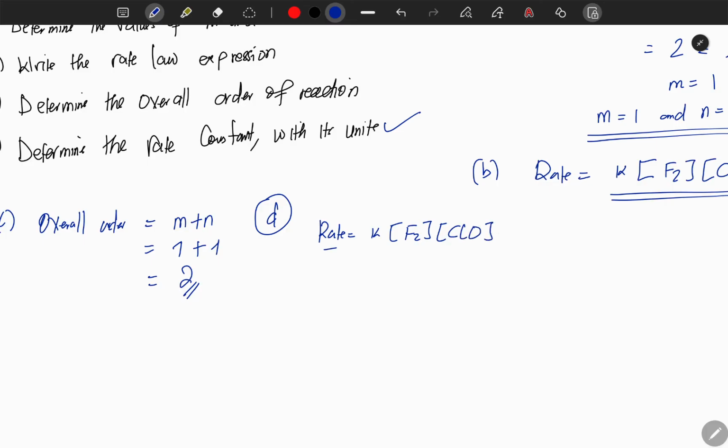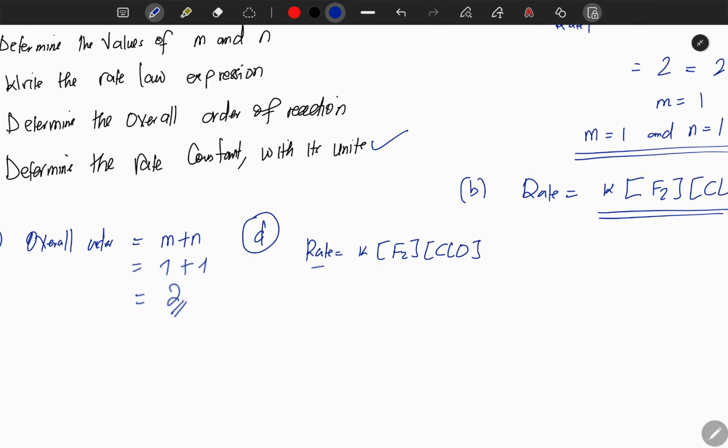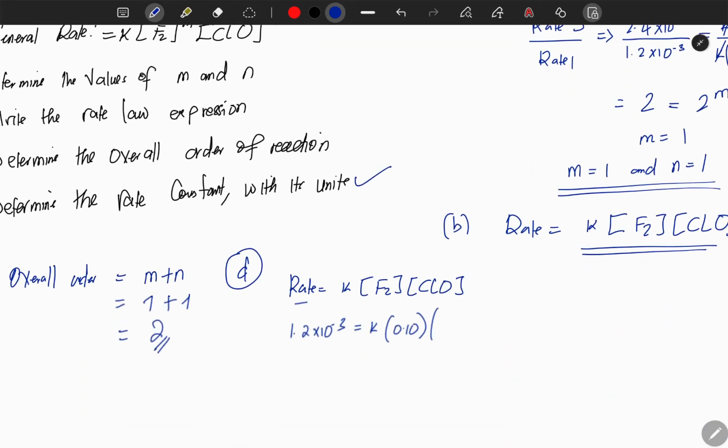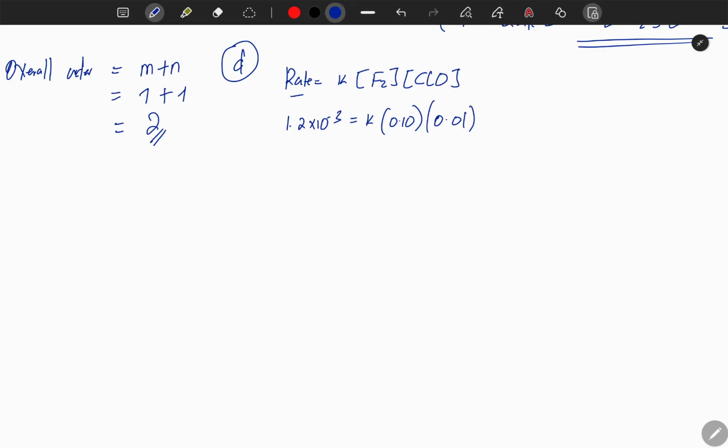Our rate from experiment 1 is 1.2 times 10 to the power negative 3, which is equal to K. The concentration here is 0.1, and for that one it was 0.01. Multiplying these two just requires us to shift one decimal point on 0.1, so we get 0.001. So we divide 1.2 times 10 to the power negative 3 by 0.001 to get K.